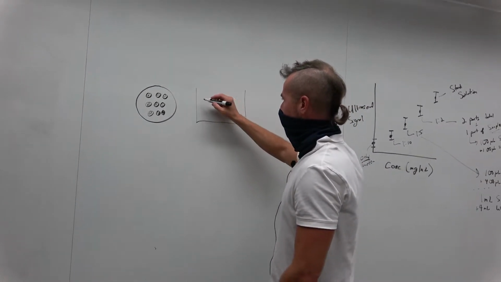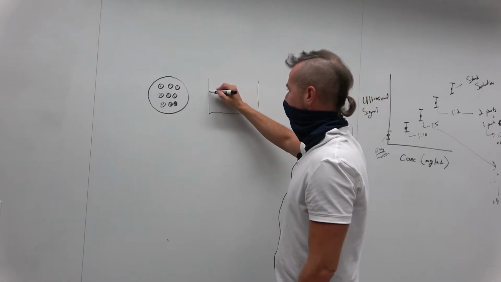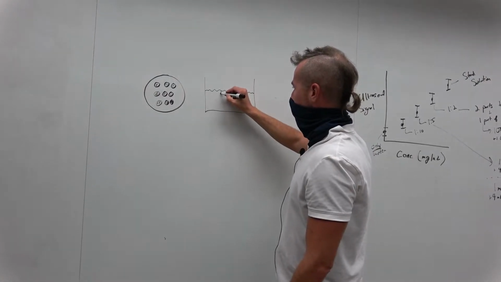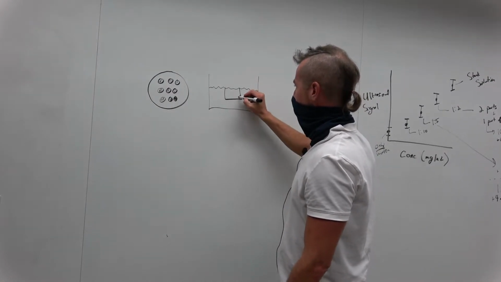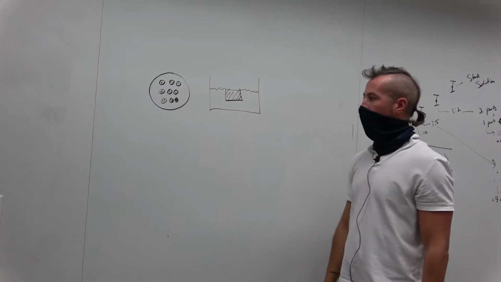And when you image it, if this is your Petri dish now looking at a cross section, you're going to see the background and you're going to see your sample. Okay?